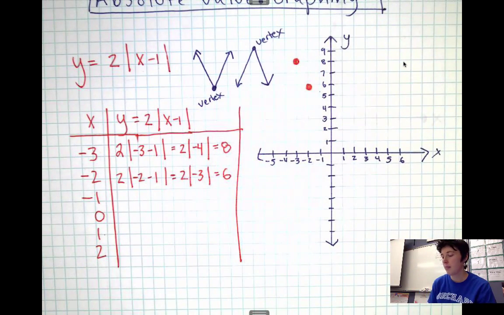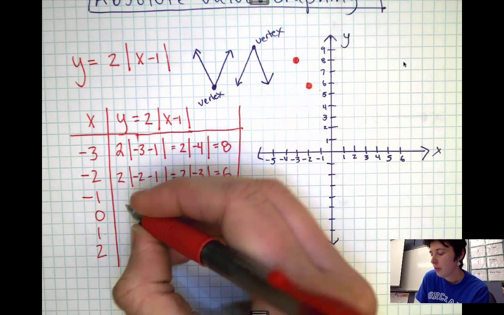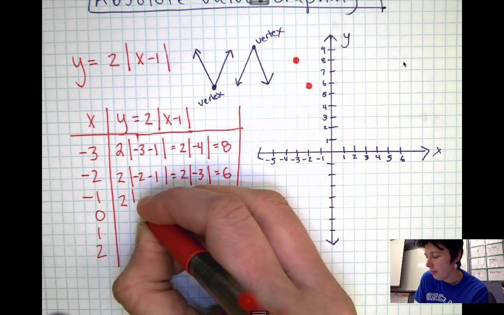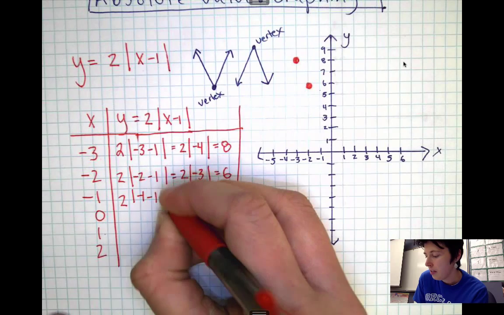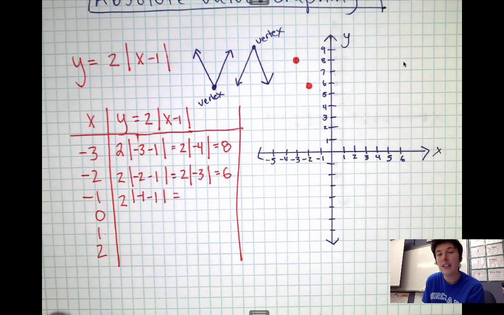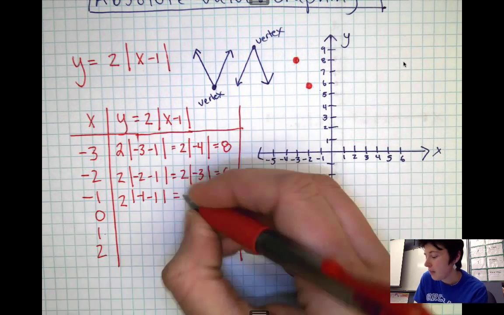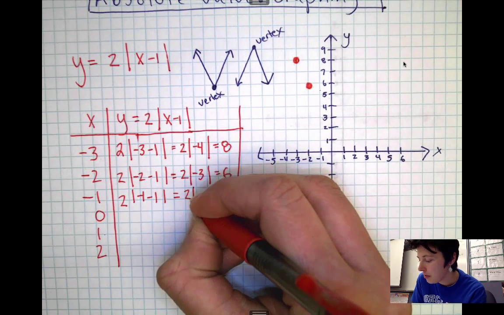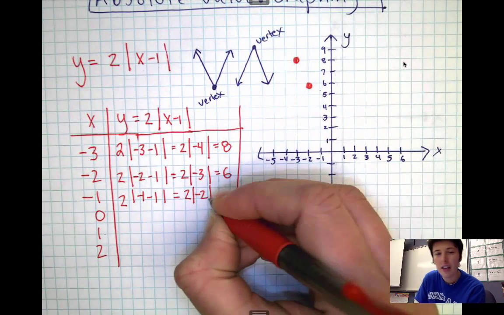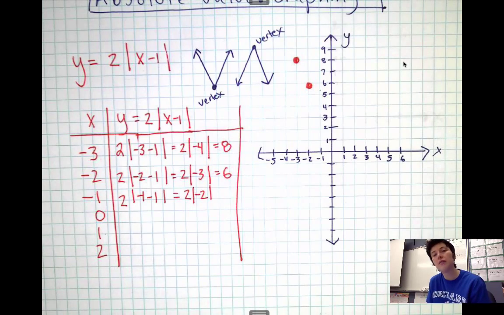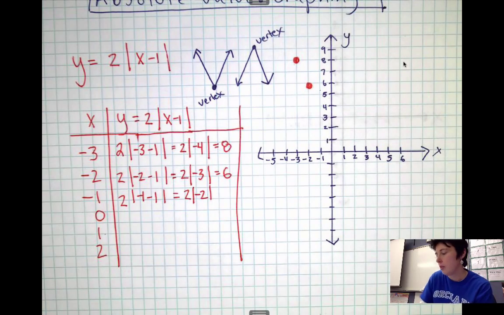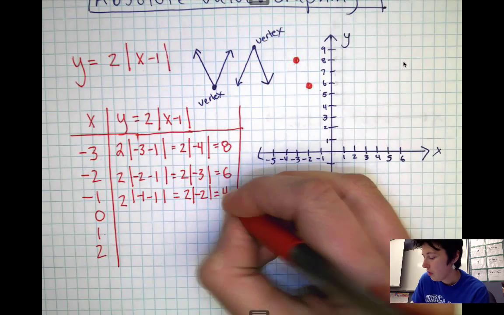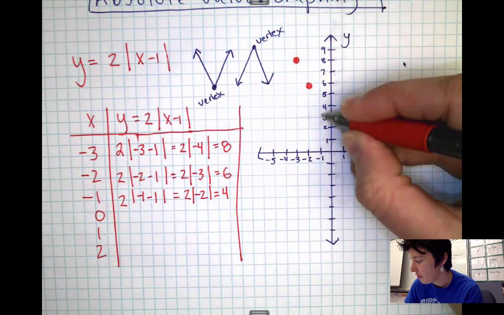Now I'm going to do the next number, -1. So 2 absolute value, -1 minus 1, is -2. So I have 2 absolute value -2. And absolute value of -2 is +2, so 2 times 2 is 4. So I have at -1 a point at 4.